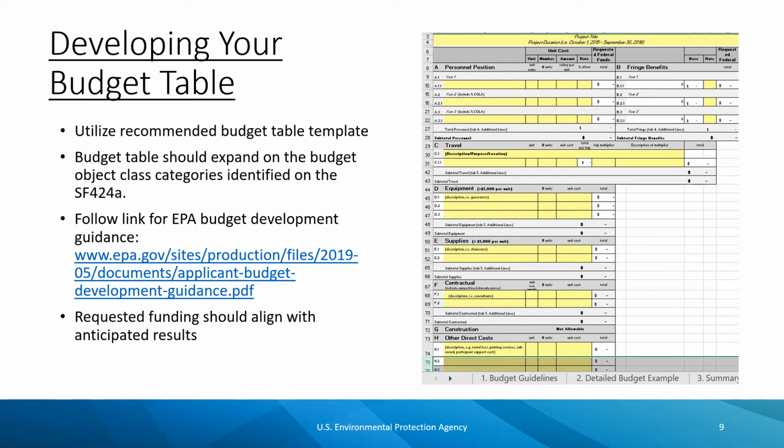For more information on developing your budget, please see EPA's Budget Development Guidance at www.epa.gov/sites/applicant-budget-development-guidance.pdf. Requested funding should be in alignment with anticipated results, meaning an applicant should not request the maximum amount just because the maximum amount is available.